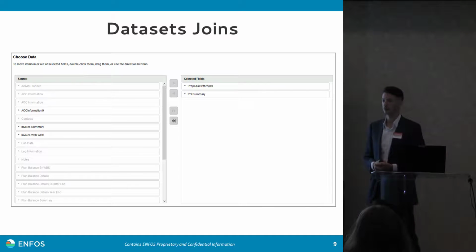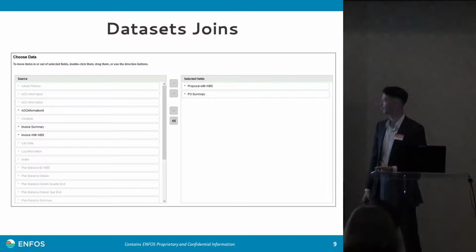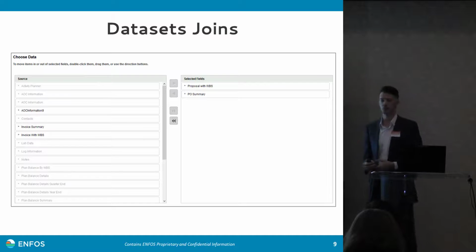So, great question. We're actually looking at joins here. On the left-hand side of the screen, we have two data sets, proposal with WBS and PO summary. And then on the right-hand side of the screen, we can see some of them are grayed out, some of them are still black. So the ones that are grayed out do not have an active join with the data sets I've selected.